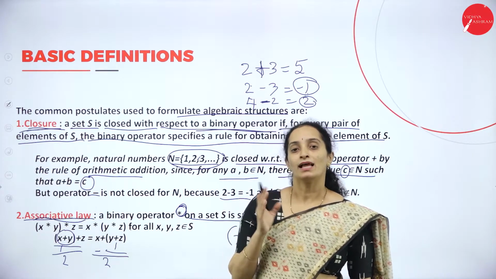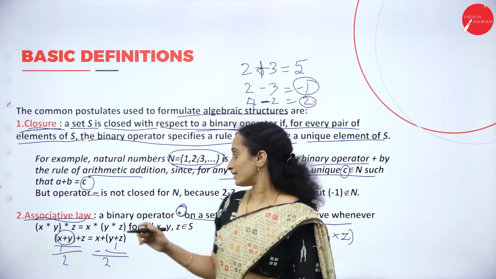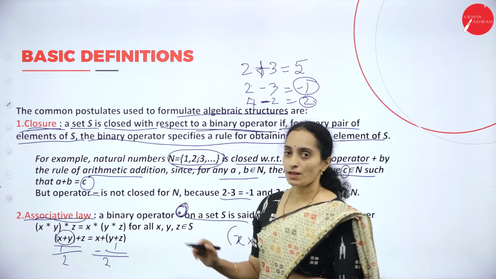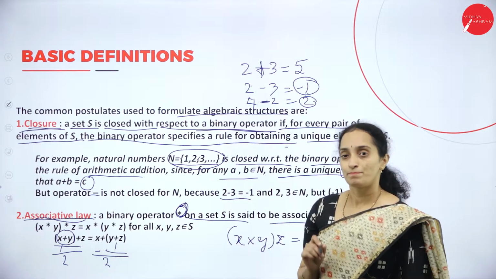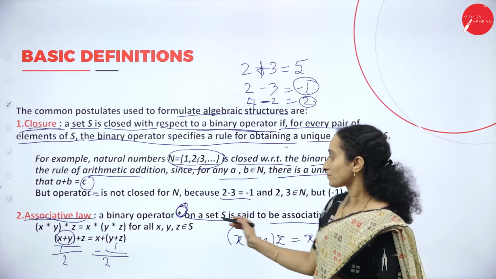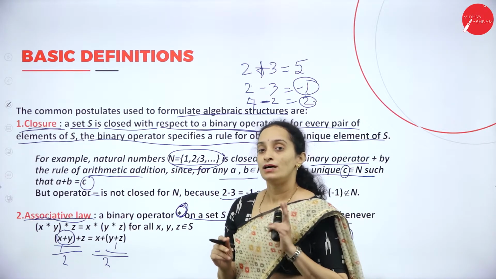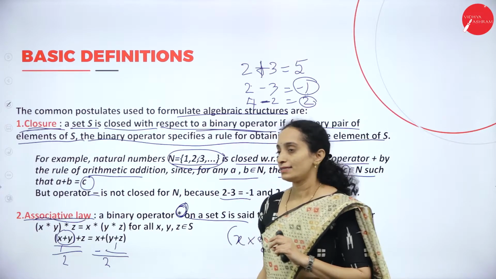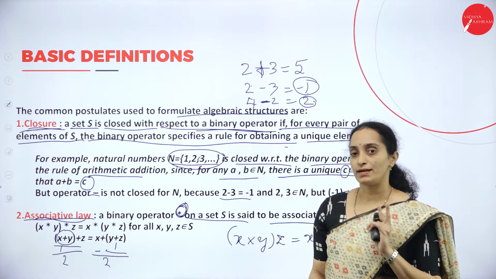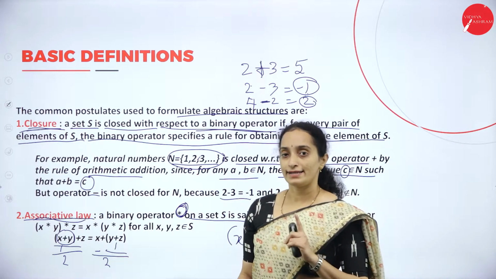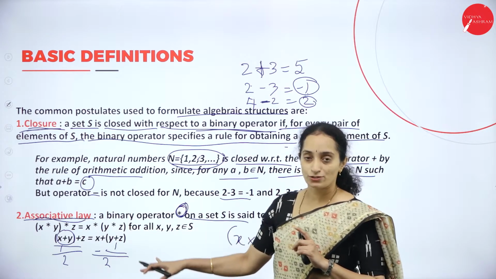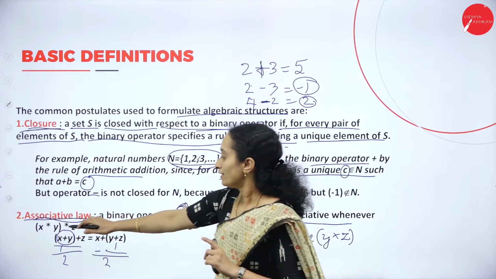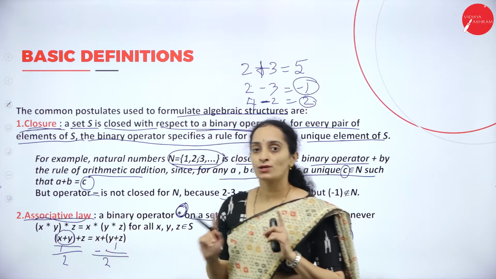They must be associative with each other with respect to the multiplication operator and plus operator. So, you can say that the binary operators multiplication and addition will be associative with the elements of S if the expression holds good.